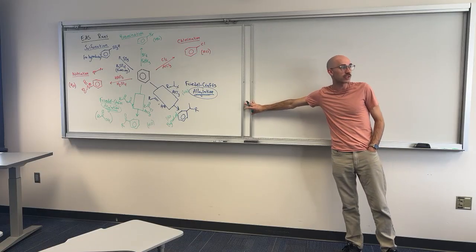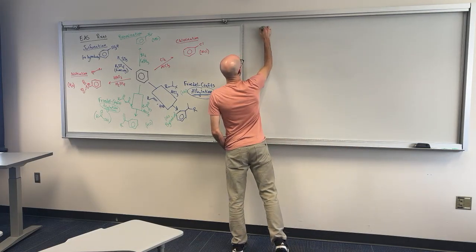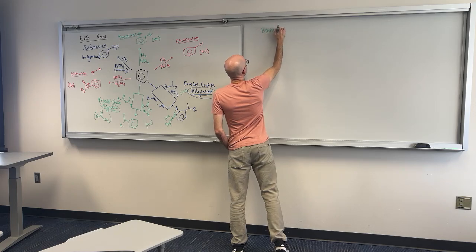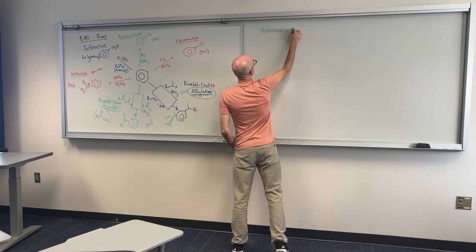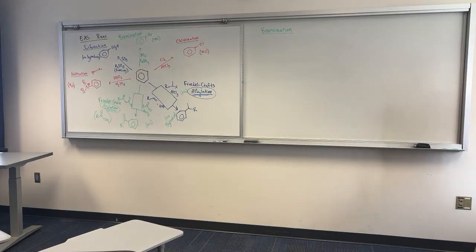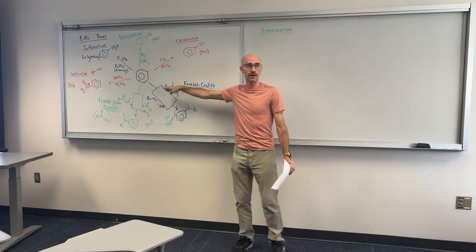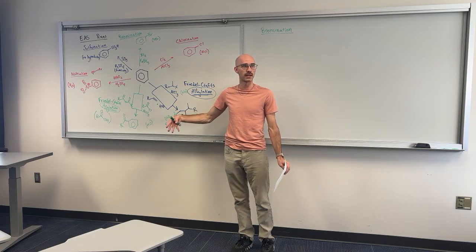So we'll go in the order we started in. We'll start with bromination. I'm going to have to clarify the specifics of the mechanisms for bromination, and then those generic two steps will come in a little bit later.